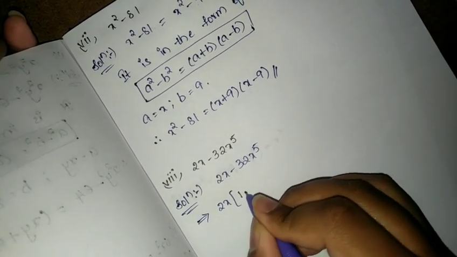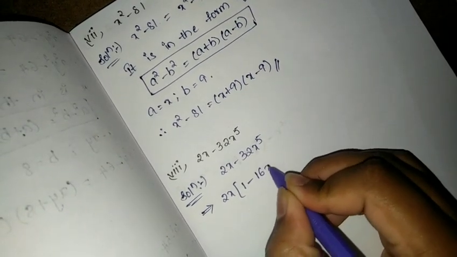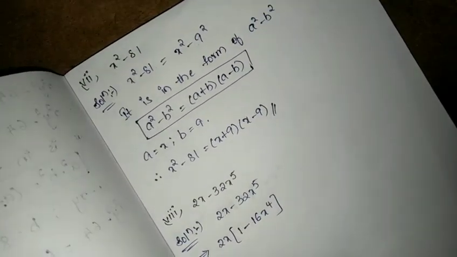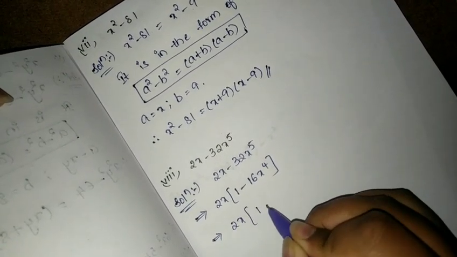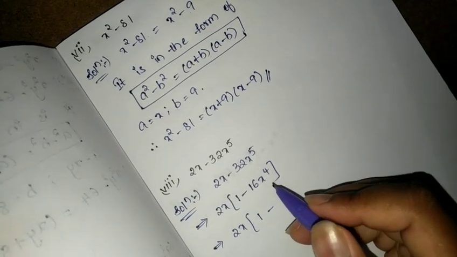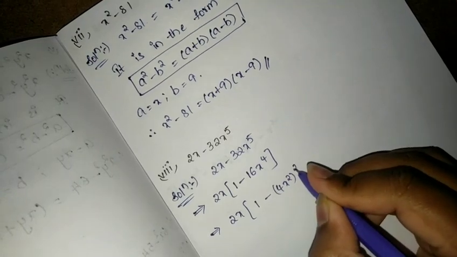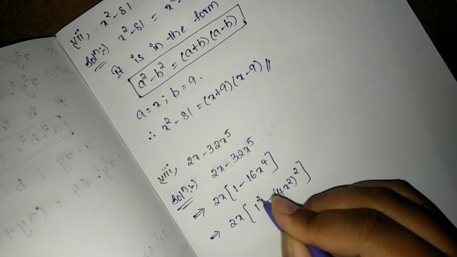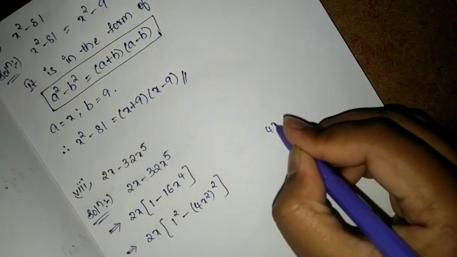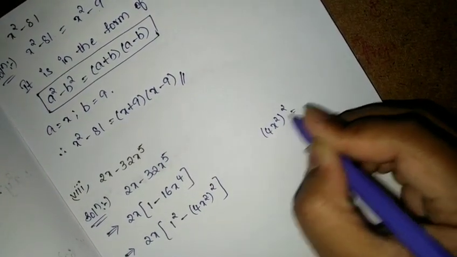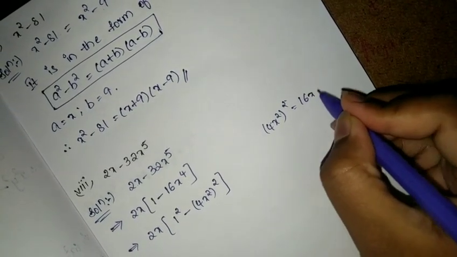Then we have 1 minus 16x power 4. So next step is 2x into 1 minus this 16x power 4 we can write as 4x square whole square. Here 1 square minus 4x square whole square. That means 4x square whole square means 4 4s are 16. X square whole power means x power 4.